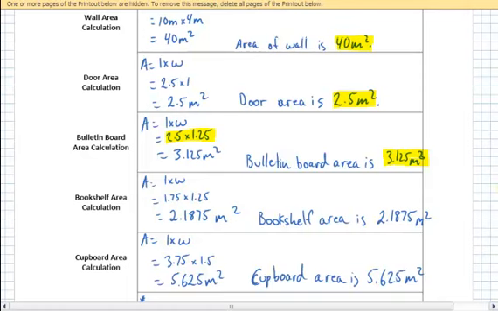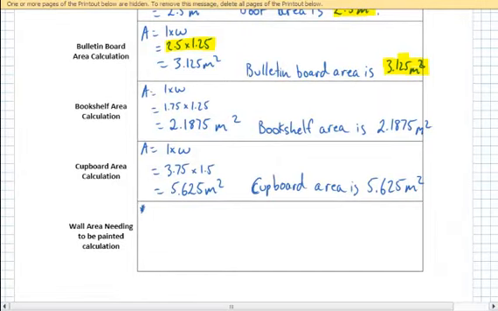If there are 3 decimals in the question, there's going to be 3 decimals in the answer. We're using calculators, so that's not a big deal right now. And bookshelf area is 2.1875 meters squared, and the cupboard area is 5.625 meters squared.